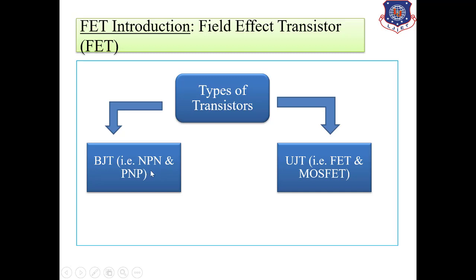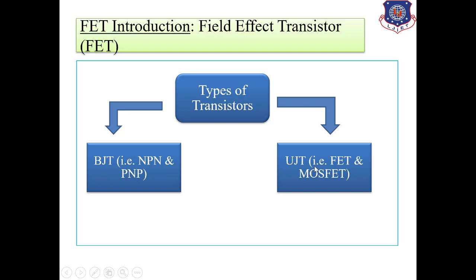Electrons and holes, majority and minority, both polarities are important in conduction. Again I am repeating that in BJT conduction takes place due to both polarities, majority and minority carriers.